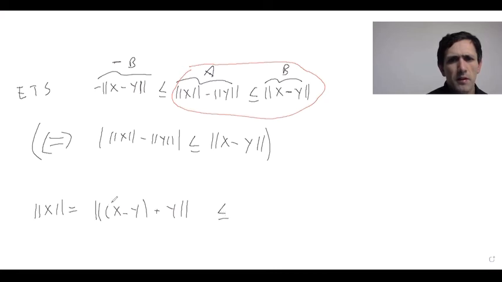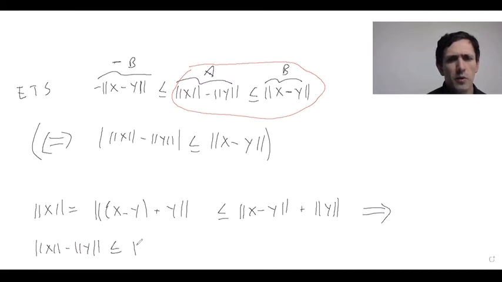So this is going to be at most the norm of x minus y plus the norm of y. And I simply bring the norm of y over to the left-hand side. And that gives me the norm of x minus the norm of y is less than or equal to the norm of x minus y.